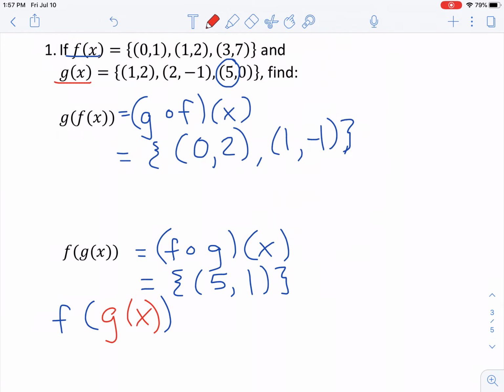So what we want to do here is take x plus 1 and put it into g wherever an x is. So we're replacing x here with x plus 1. So where there was x, we're going to put x plus 1 squared minus 1. So we're going to end up with x squared plus 2x plus 1, because we're expanding x plus 1 times x plus 1, and then minus 1. So we end up with x squared plus 2x as our final answer.